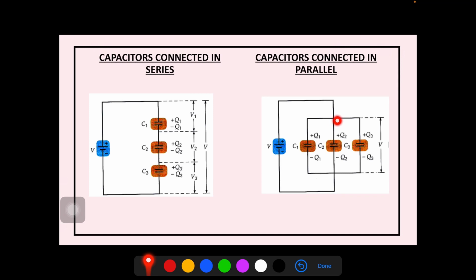That means the charge can be separated into route 1 passing through C1, or route 2 passing through C2, or route 3 passing through C3. Since we have a junction and 3 routes, we call this combination a parallel combination of capacitors.